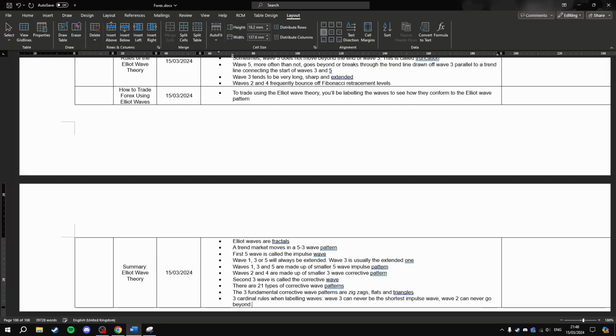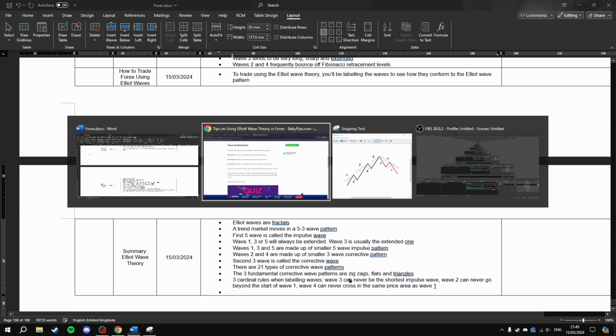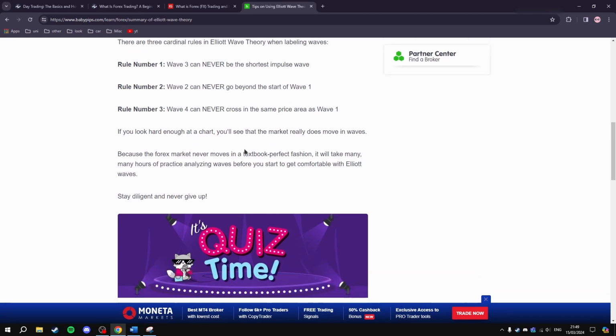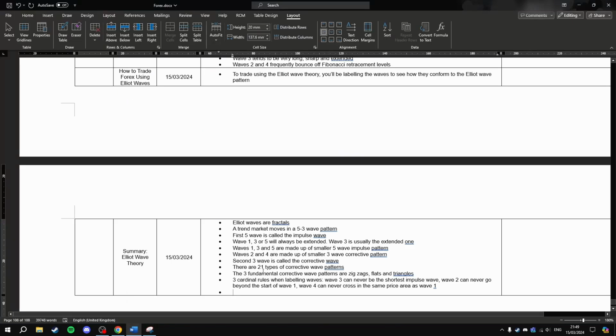Wave 4 can never cross into the same price area as wave 1. If you look hard enough at the chart, you'll see that the market really does move in waves. Because the Forex market never moves in a textbook perfect fashion, it will take many hours of practice analysing waves before you start to get comfortable with Elliott waves. Stay diligent and never give up.